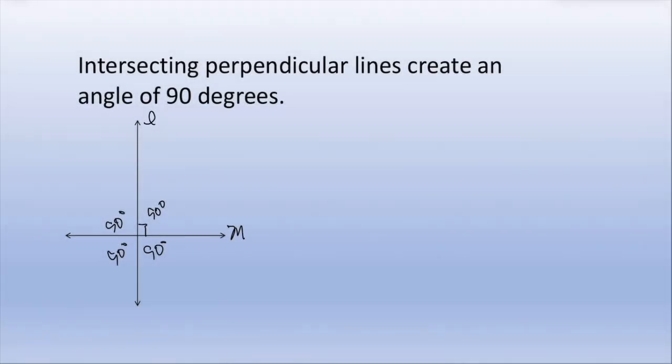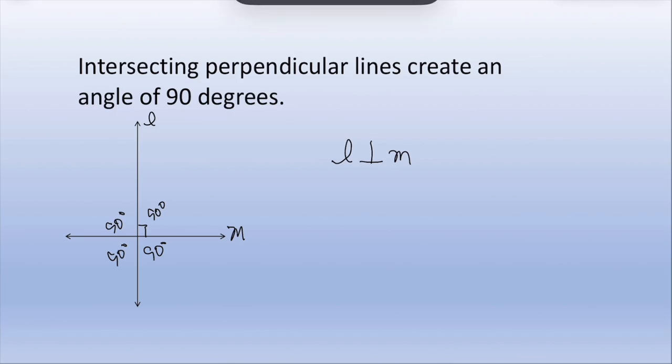Because think about if you went around a circle, it would take you 90 plus 90 plus 90 plus 90 to get around the circle. And that's a total of 360. So a way that you can write that, if we have line L is perpendicular to line N, that's the way you would officially write it in a geometry class.